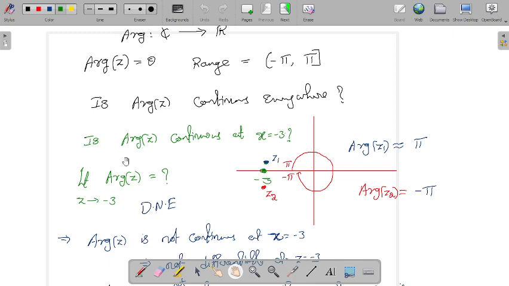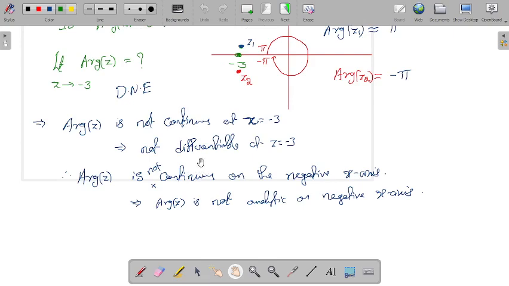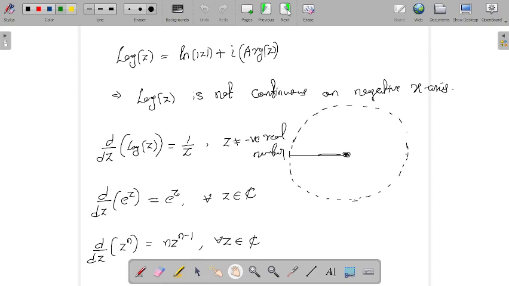So you can say that the limit doesn't exist, therefore it is not continuous. That implies it is not differentiable, and that implies it is not analytic. Whatever is true for the argument of z is going to be true for the principal logarithmic function, log z. So I can clearly conclude that the principal logarithmic function is not continuous on the negative x-axis, right?